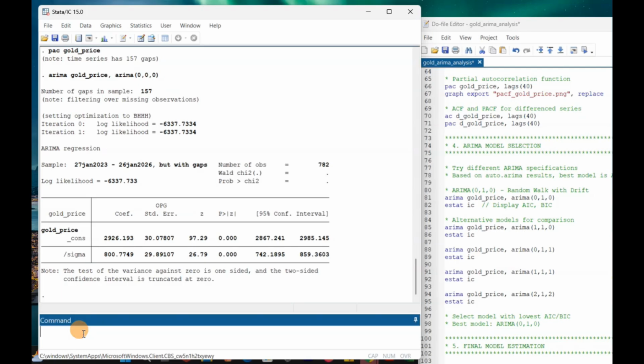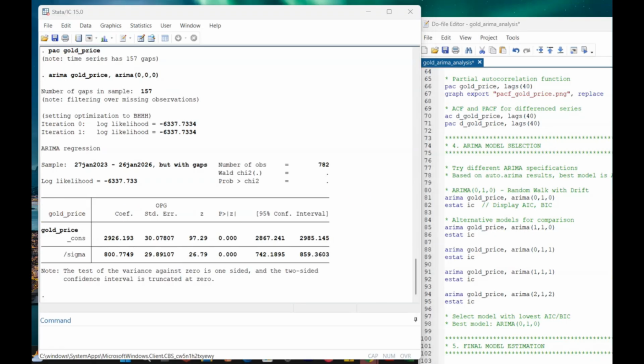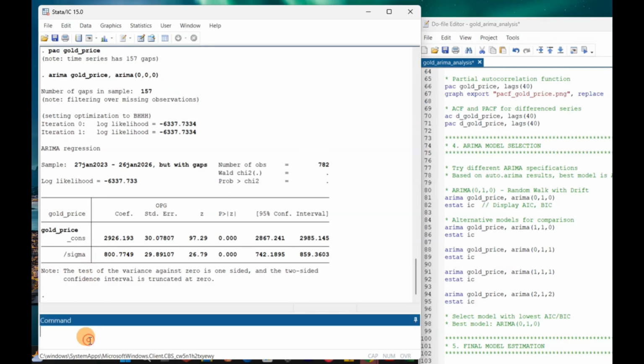For a model of 0, 0, 0 brackets, we have an AIC. AIC stands for Akaike information criteria, right?